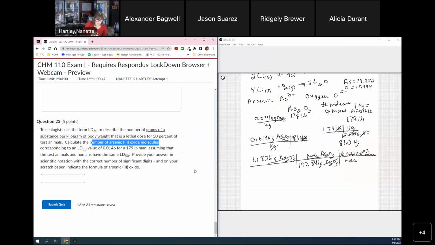And so that's the calculation that I need to do. 1.1826 divided by 197.841 times 6.022 times 10^23. And that gives me 3.59, 3 sig figs there, so 3.60 times 10^21 molecules of As2O3 that is required to do this.